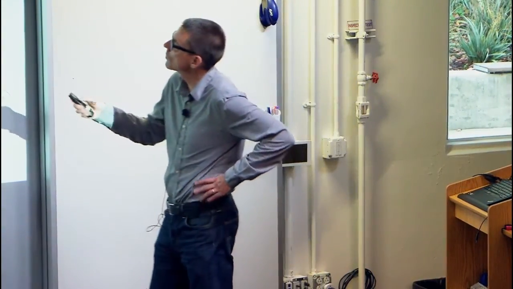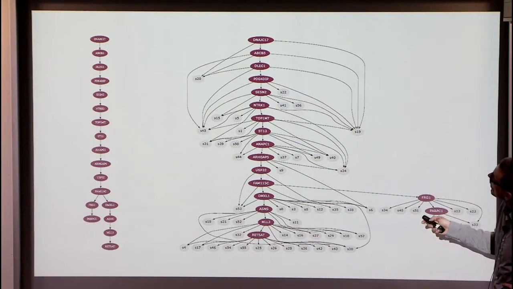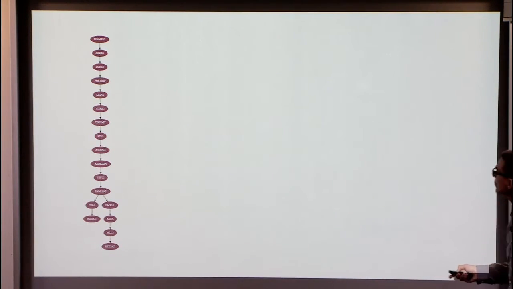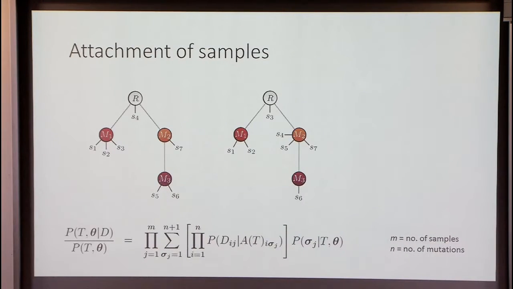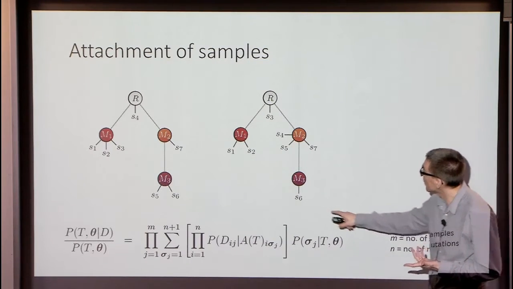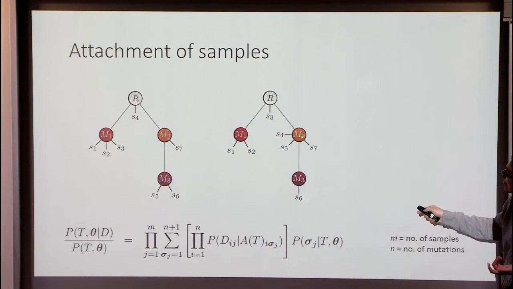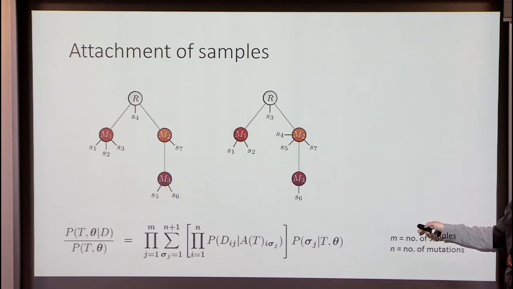Let's maybe go to the ideal setting here. The way, let's say, sample 6 down here is defined, is you trace out the path from the root to that sample, and all the mutations you pick up on that path. So in other words, sample 6 would have exactly mutation 2 and mutation 3.